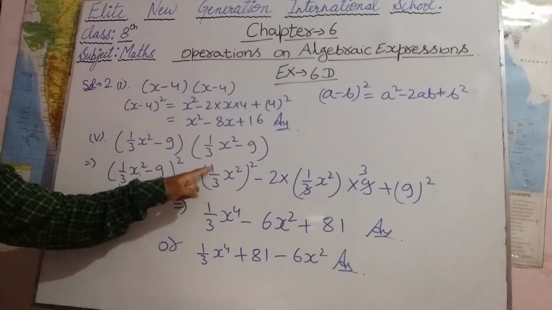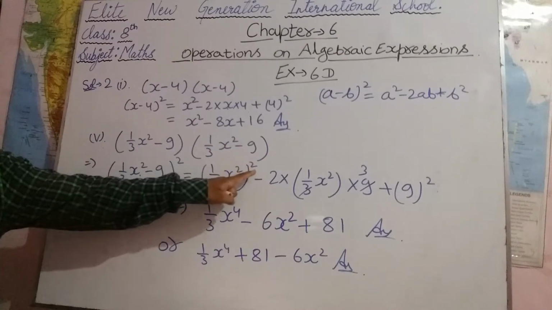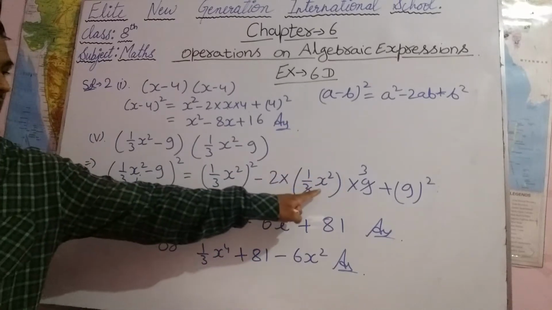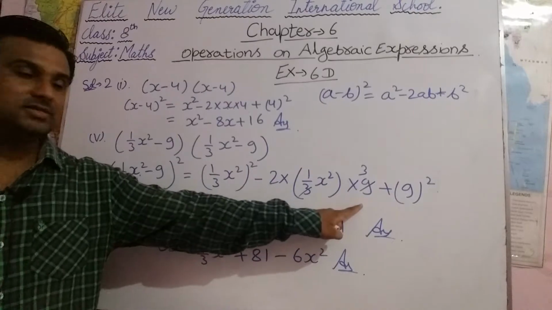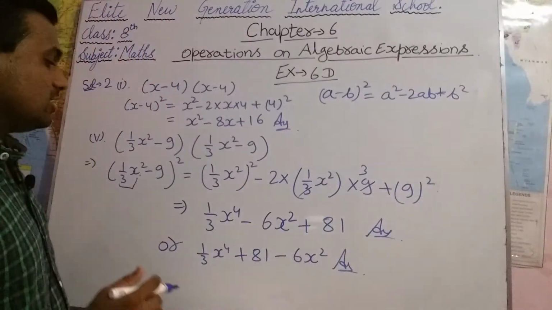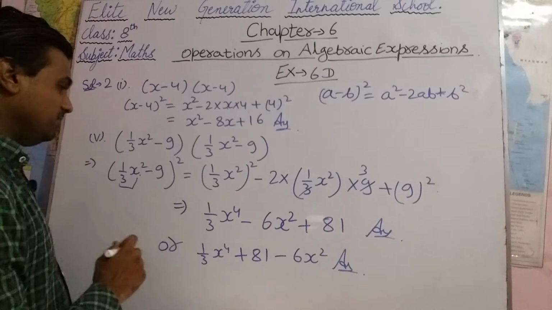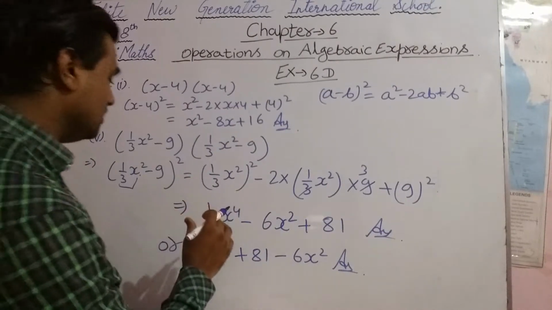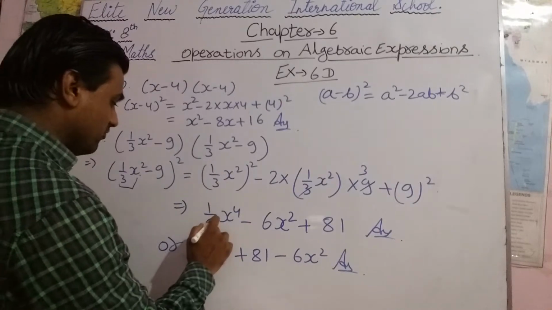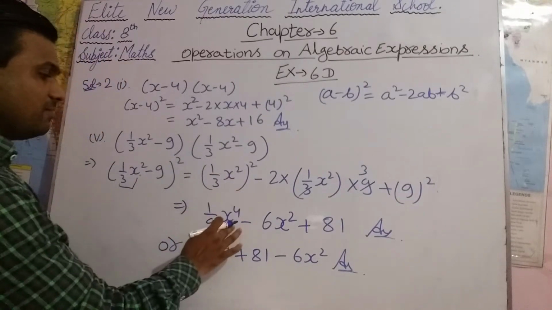So a square means 1 upon 3 x square whole square, minus 2 into ab, so value of a is 1 upon 3 x square into value of b is 9, and plus b square means 9 square. So by solving this, when we do the square of this, it will become 1 upon 9 x power 4.